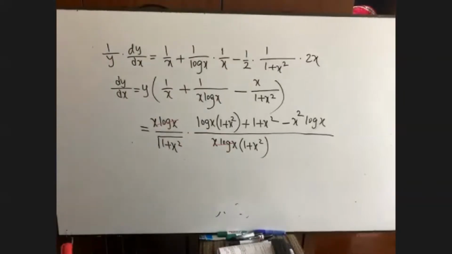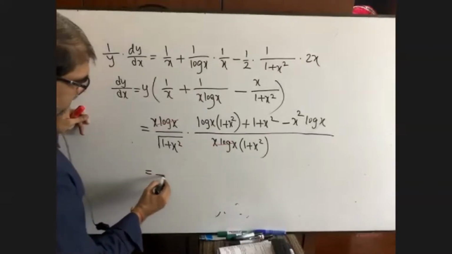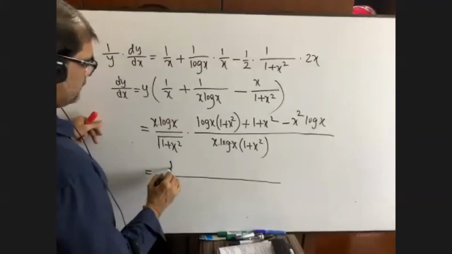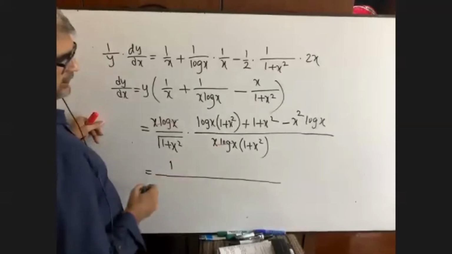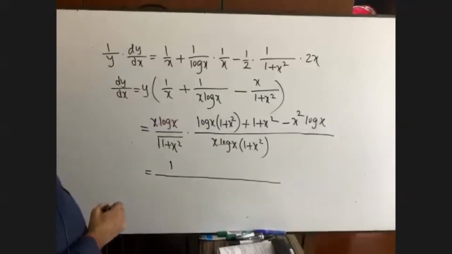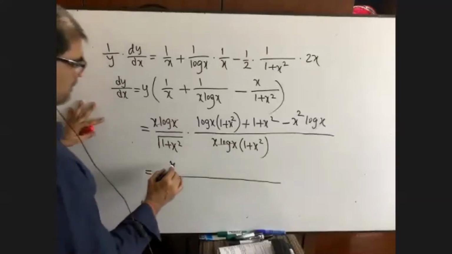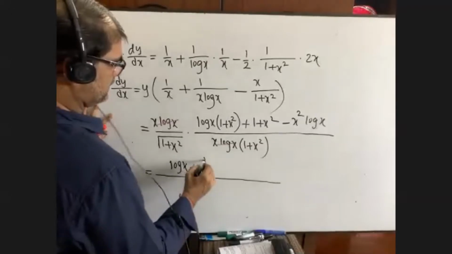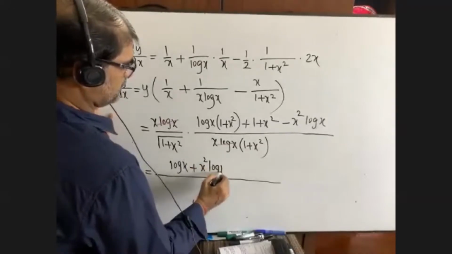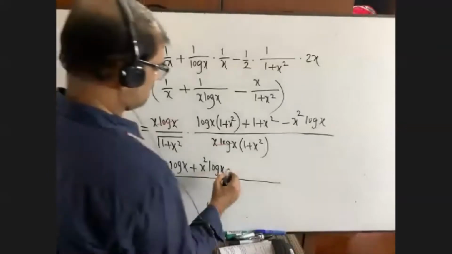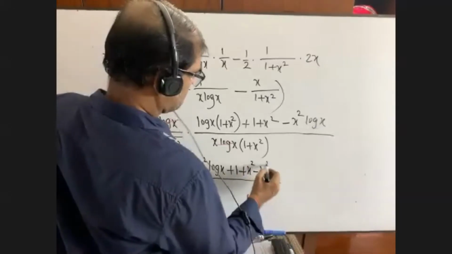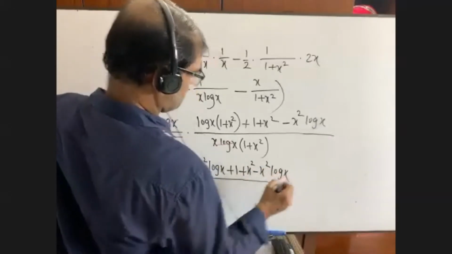Okay. Have you got it? Yes, sir. That means we are getting, you see, log x plus x square log x plus 1 plus x square minus x square log x.